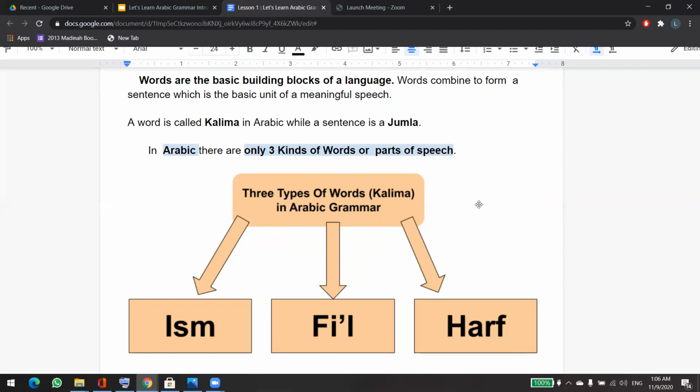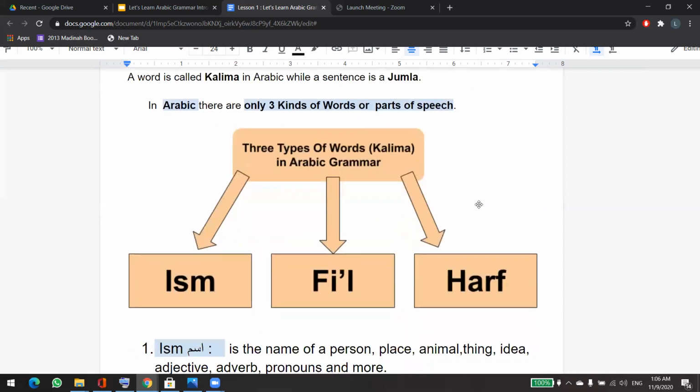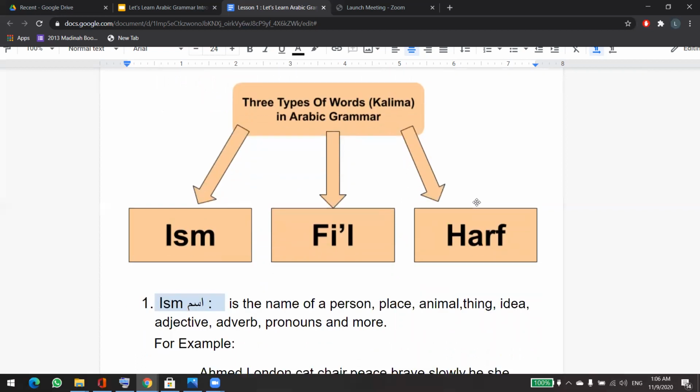Words are also known as kalima. So there are 3 types of kalima in Arabic: ism, fail, and harf. Let's take them one by one and see what each type of word is.